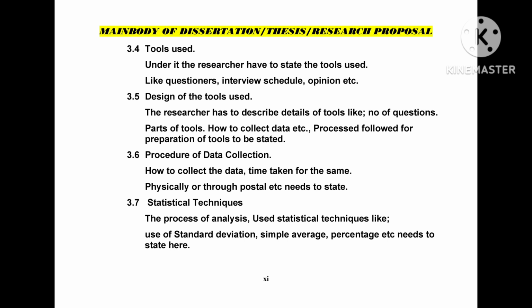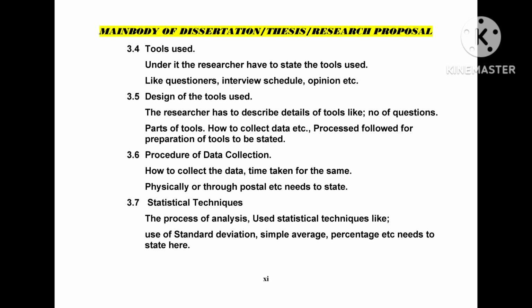Under 3.5, design of the tools used, the researcher has to describe details of the tools like number of questions, parts of the tools, how to collect data, and the process followed for preparation of the tools. And likewise under 3.6, procedure of data collection, how he is going to collect the data, personally or through postal or any other ways, has to be mentioned.